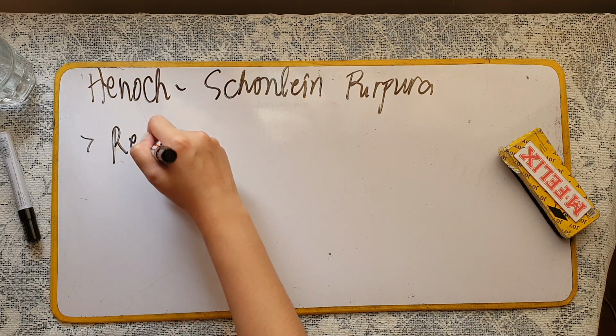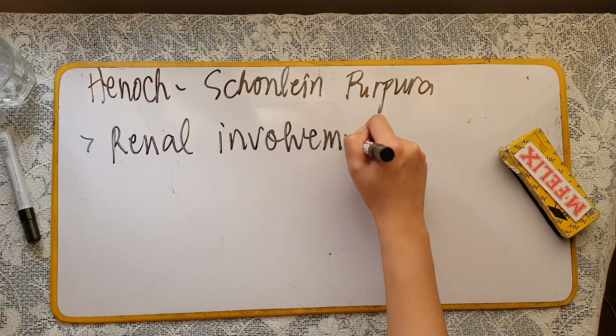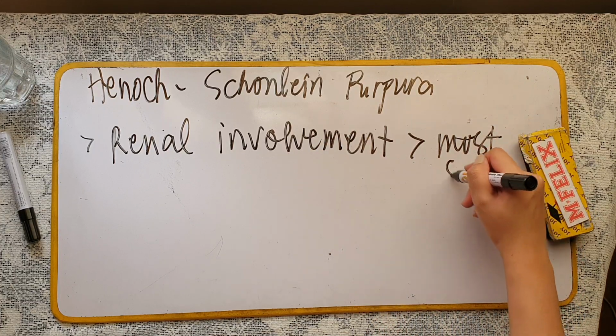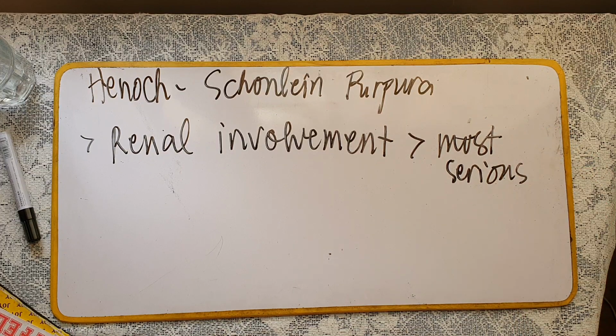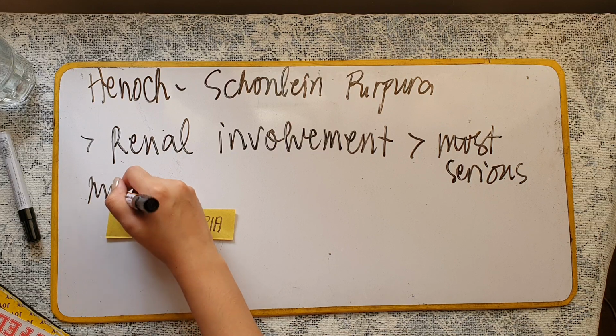Renal involvement is said to be the most serious complication of Henoch-Schönlein purpura. When the kidney becomes involved, this disorder is characterized by mild to heavy proteinuria.